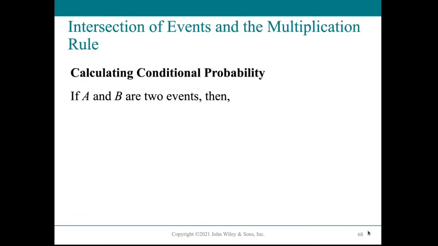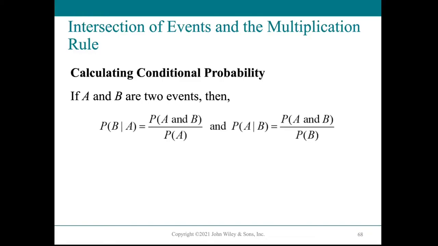So if A and B are 2 events, then for the conditional probability, the probability of B occurring given that A has already occurred is equal to the probability of A and B occurring over the marginal probability of A. And the probability of A occurring given that B has already occurred is the joint probability of A and B over the probability of B. This is another way to look at it.